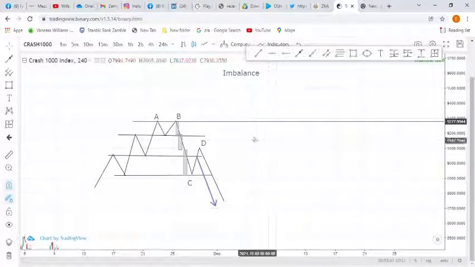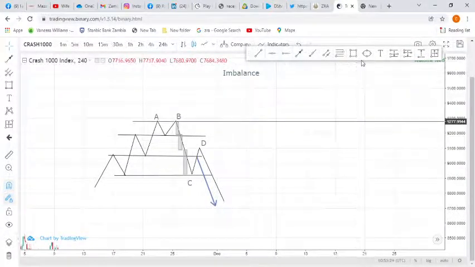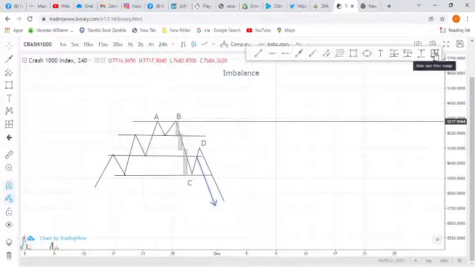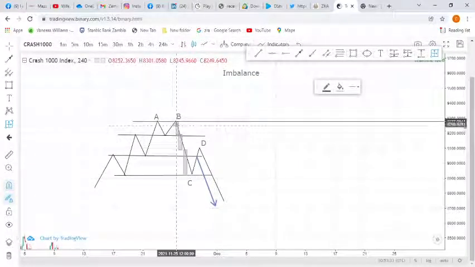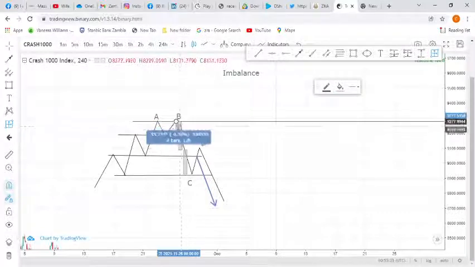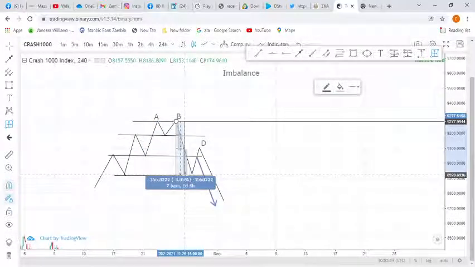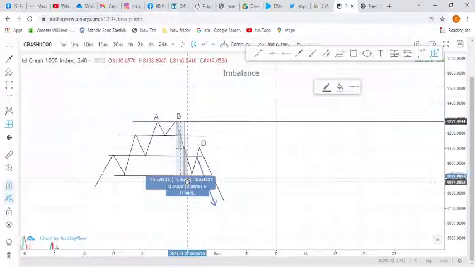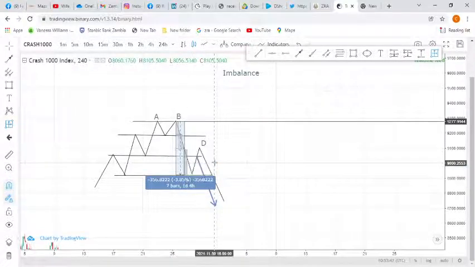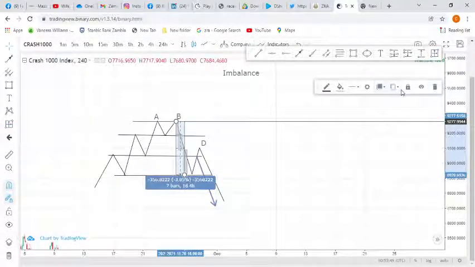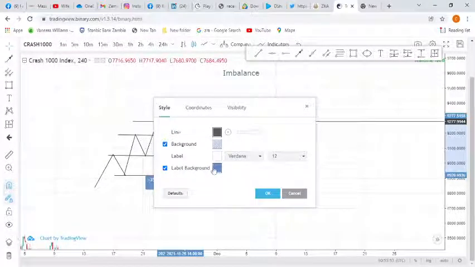So in this case, what you're going to do is get your tool like that. Then you measure from here up to the point where this imbalance ended. Let me just do this. Okay, I want to remove that thin background.